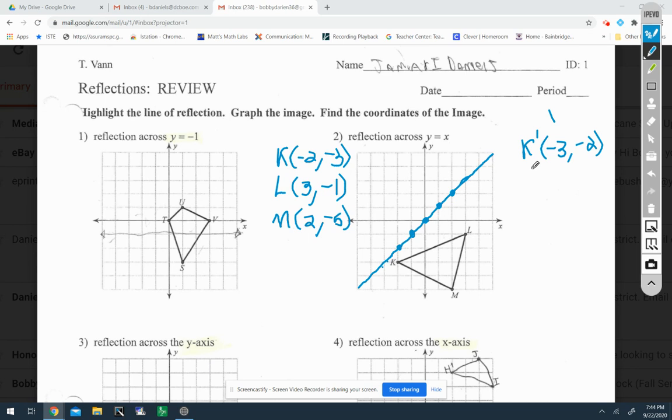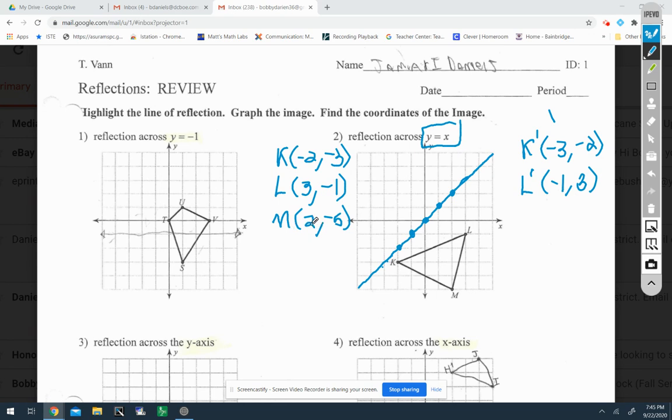That's the rule for transformation when you are transforming across y equals x. So for L, we switch 3 and -1 to -1 and 3. We can call it L prime now because we're transforming it.